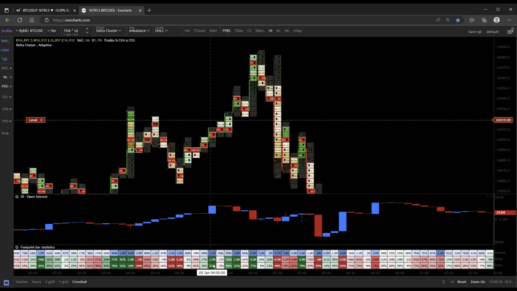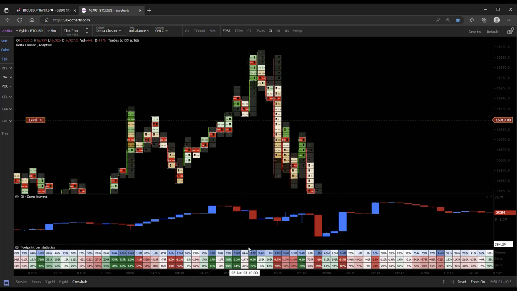So you can see price is in, volume is increasing to the upside with positive delta. So 1.7 million, 2.3 million, 4.2 million. So this is good. From this candle here, actually it looks good.